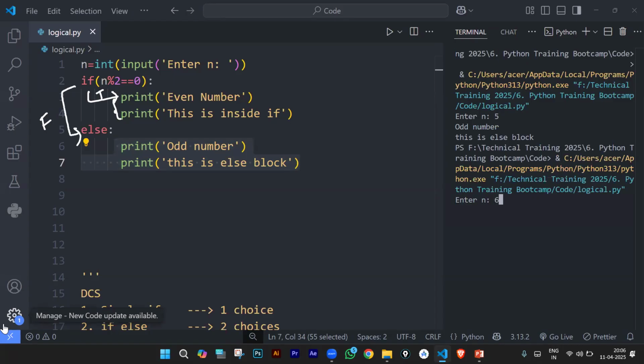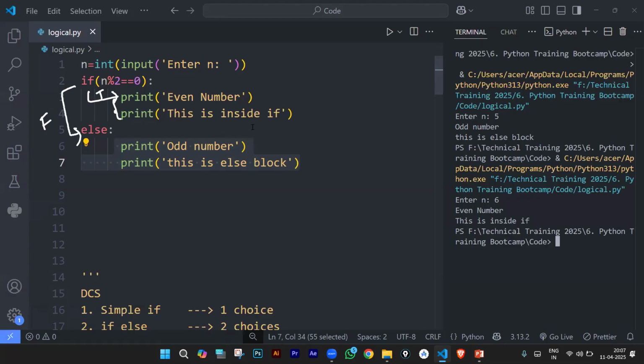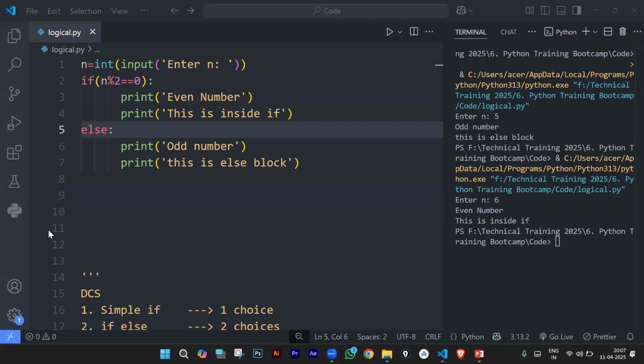If I enter the value 6, that's an even number. That satisfies the condition, so even number inside if is executed. That's how simple if else is. Done.